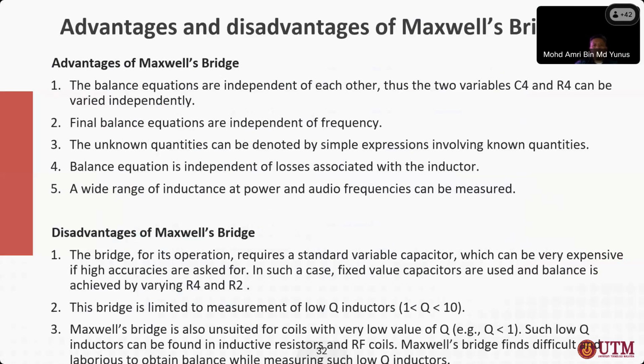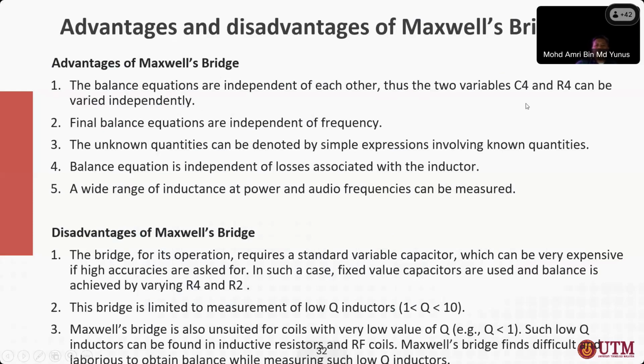The thing is that these are the advantages of the Maxwell bridge, as well as the disadvantages of the Maxwell bridge. So the balance equations of the Maxwell bridge are independent of each other.